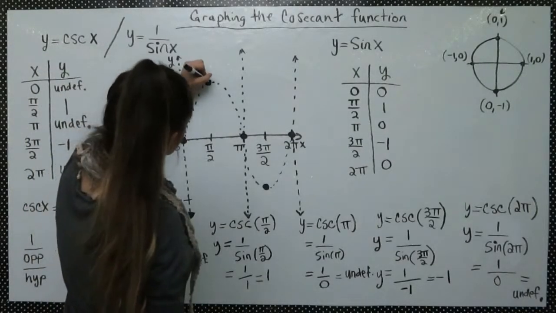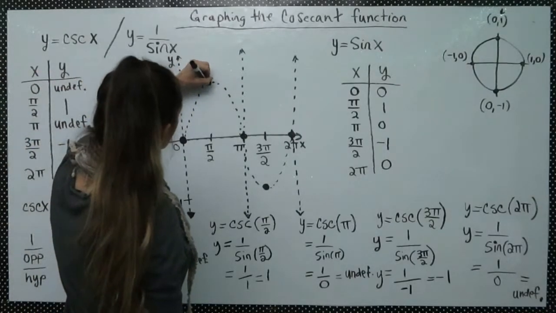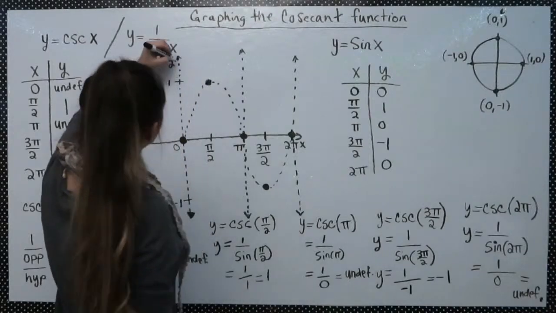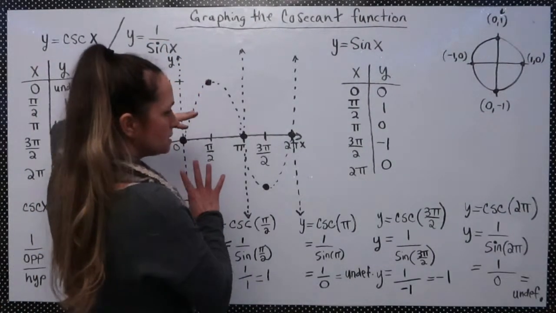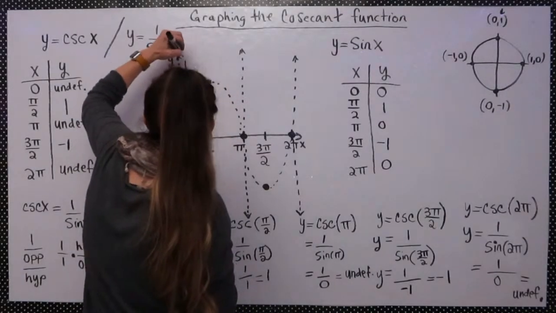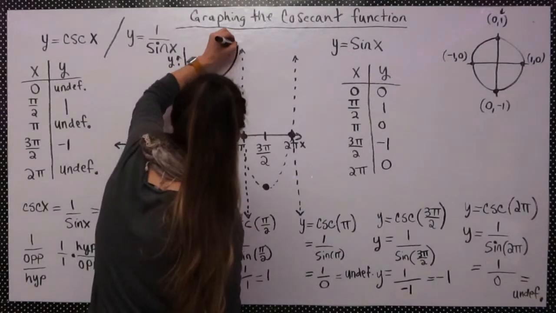But it has this point in common because we have pi over 2 comma 1 on the graph of cosecant. And what cosecant is doing is it's bound by these asymptotes. It's approaching these asymptotes, and so it's creating these parabolic looking things.